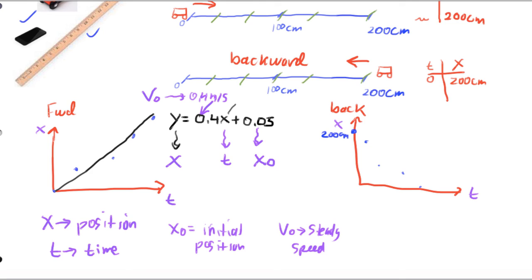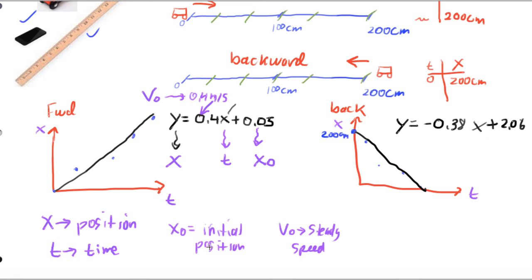When we draw the graph, it looks like this. The slope is downwards. When we ask Wolfram Alpha to give us the equation, we get something like y equals negative 0.38x plus 200, or plus 2.06.